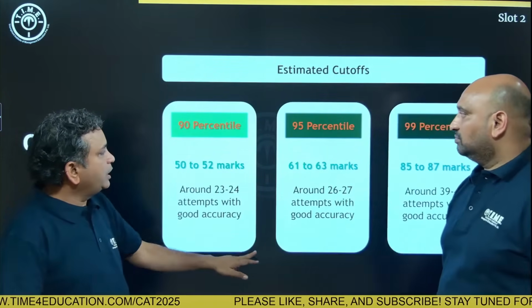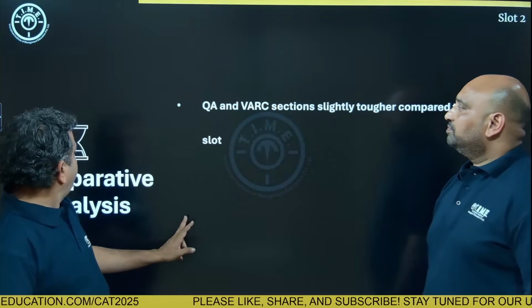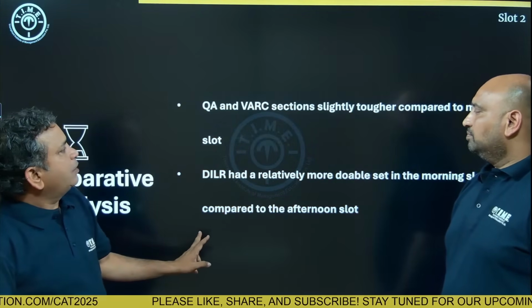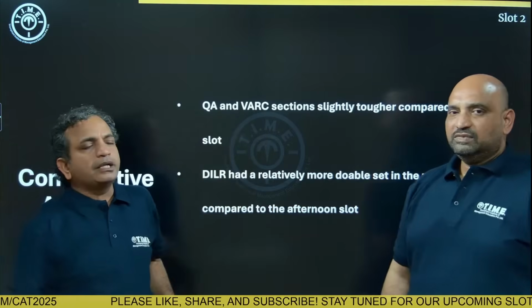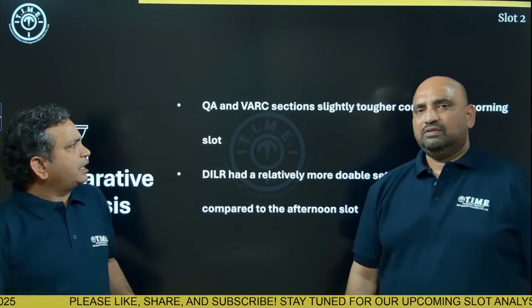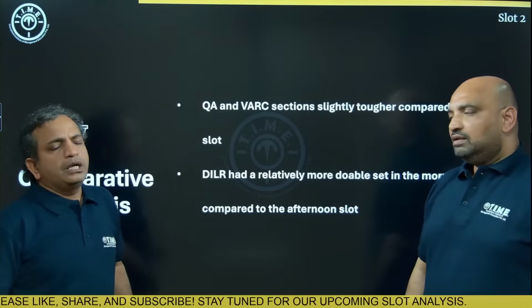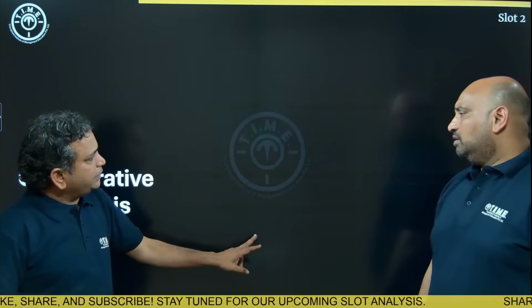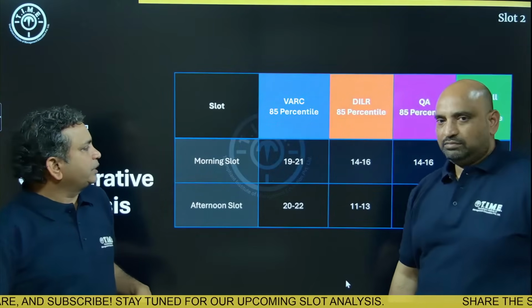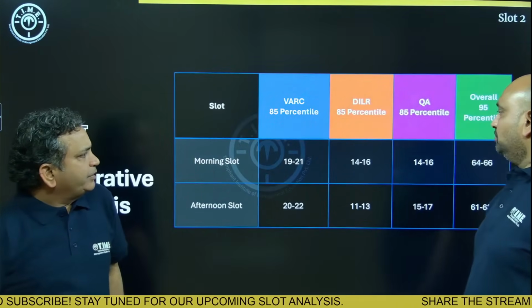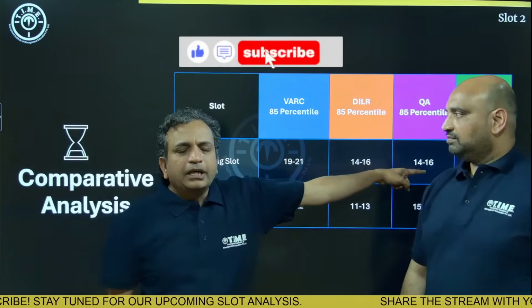So now we will move on to the cutoff comparison across morning slot. Here we are saying that QA and VARC sections are slightly tougher, possibly, and DILR had a relatively more doable set. So overall, this is how the comparison looks like. If you see, overall, the cutoff is falling.